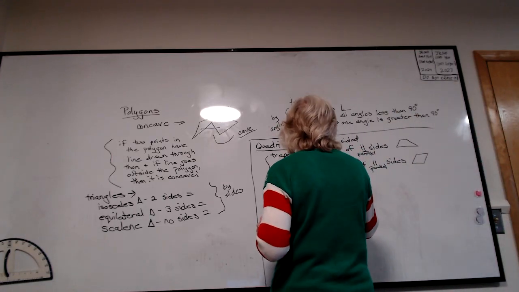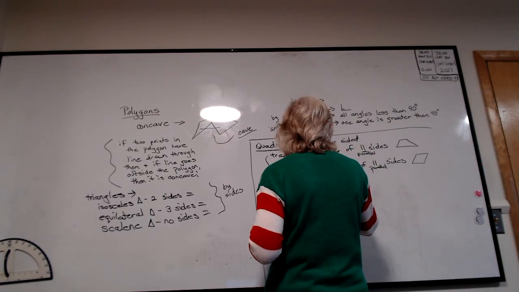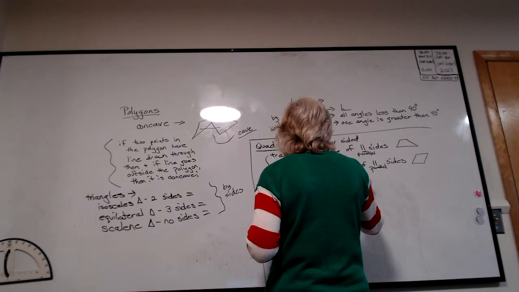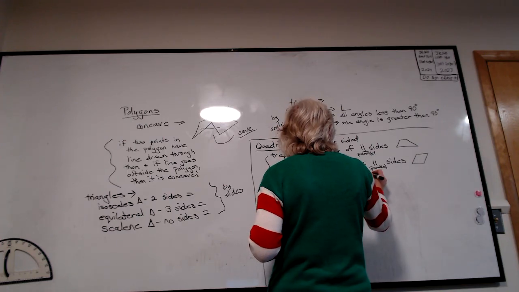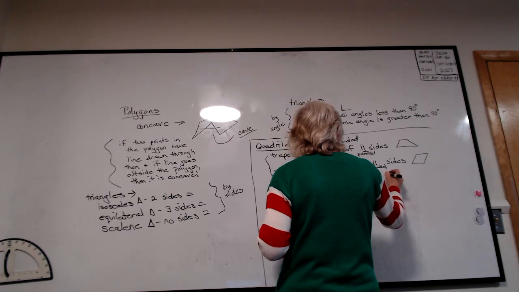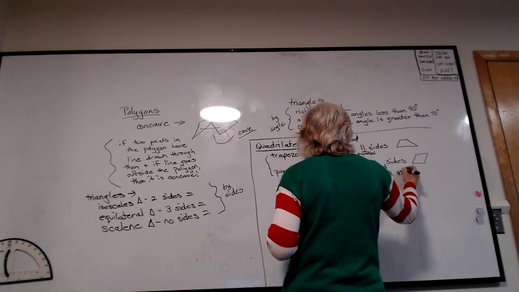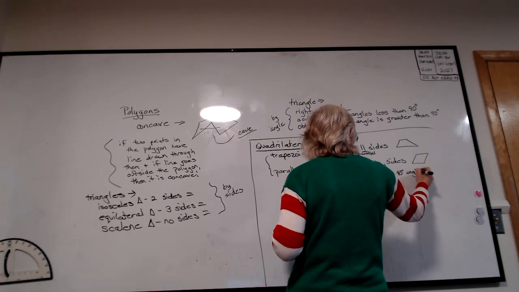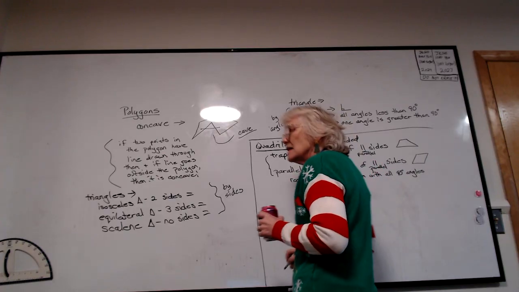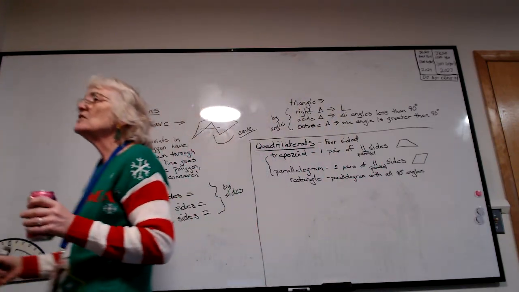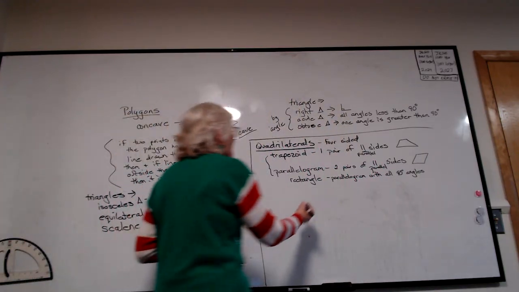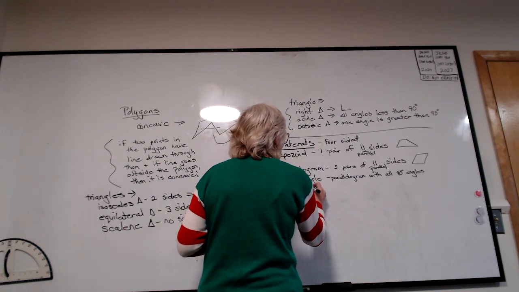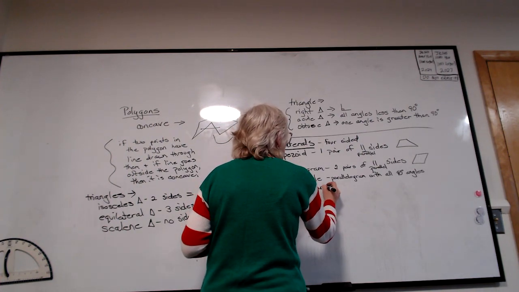So this is a parallelogram with all 90-degree angles. Under rectangle, we also have a more specific category, a square.